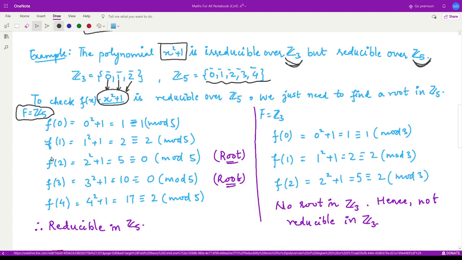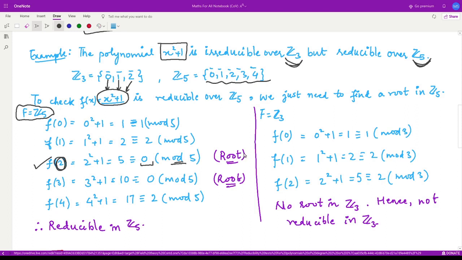Similarly, let's see f(2). What would that be? 2 square plus 1, so it would be 5. When you divide 5 by 5, the remainder would be 0. So it is equivalent to 0 mod 5, right? So you get 0. That means you can say that this 2 is a root of the given polynomial in the field Z5, right?